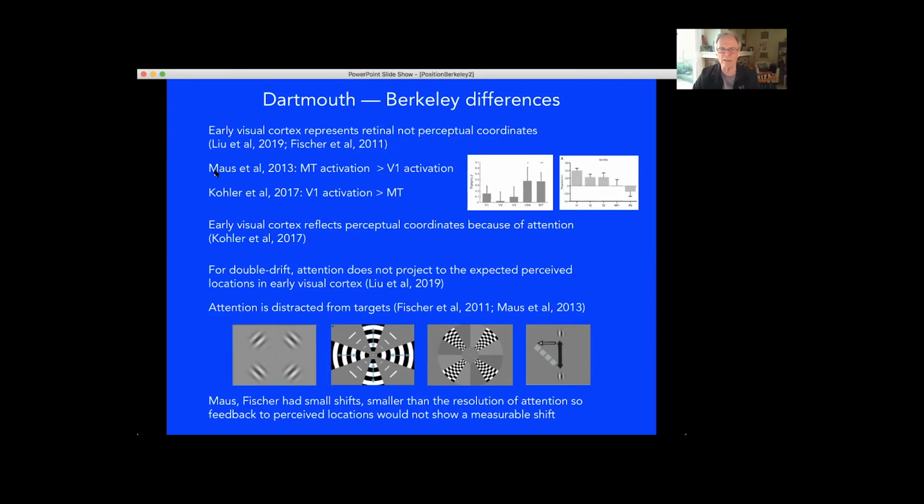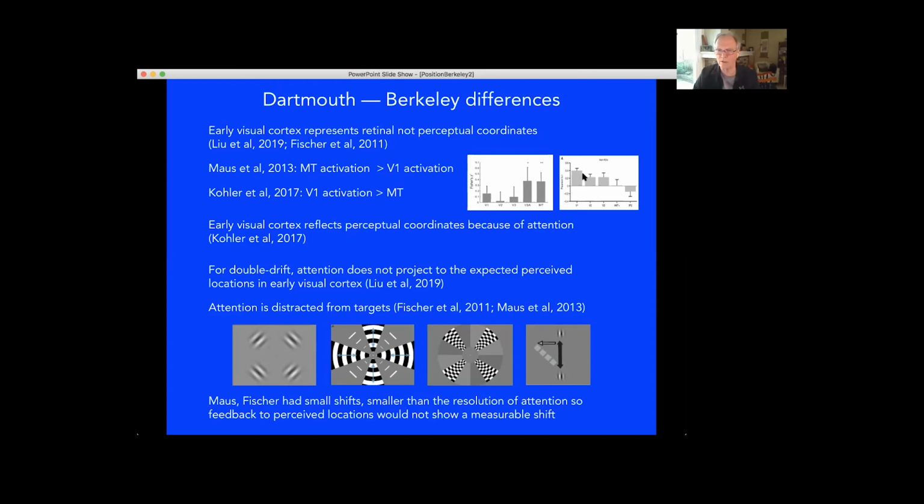But first, here's Garrett in 2013. This is his graph, this little one on the left, and they found that MT, that's this bar, was stronger than V1, and there's really not much in V2 and V3. So things got bigger as you went higher up. Whereas Peter Kohler and Peter C. and me found the reverse.